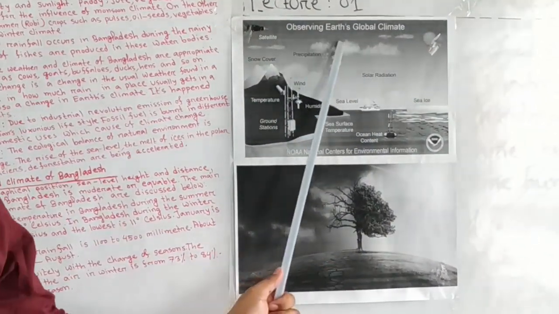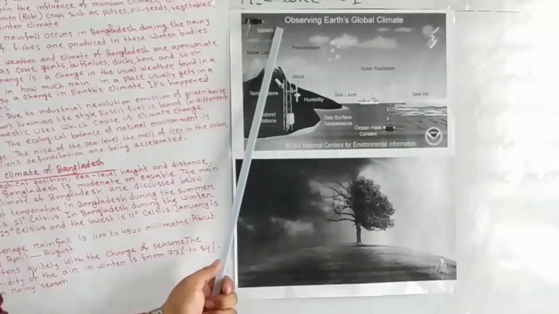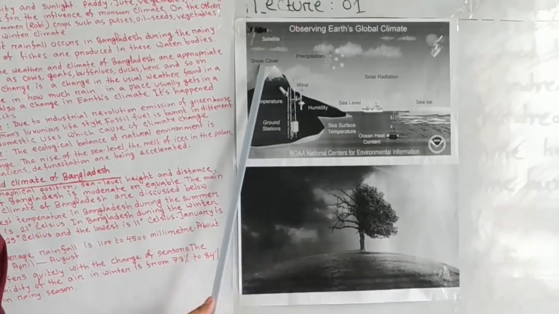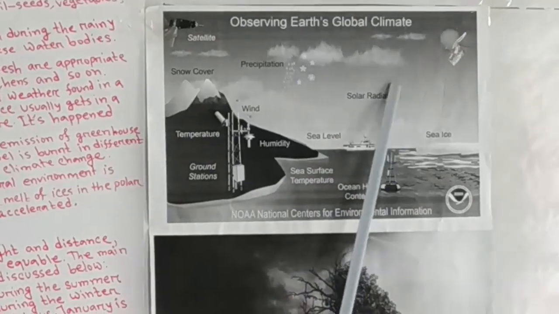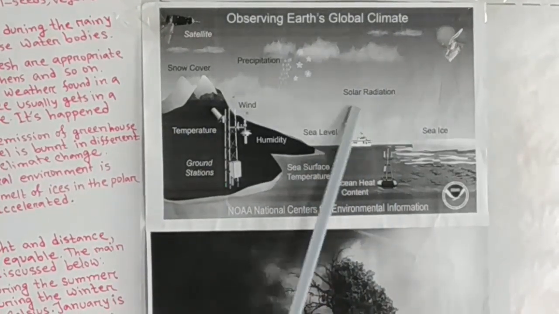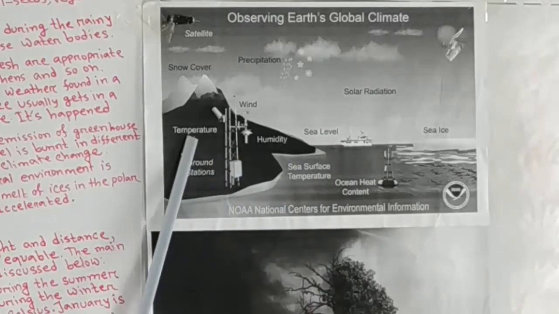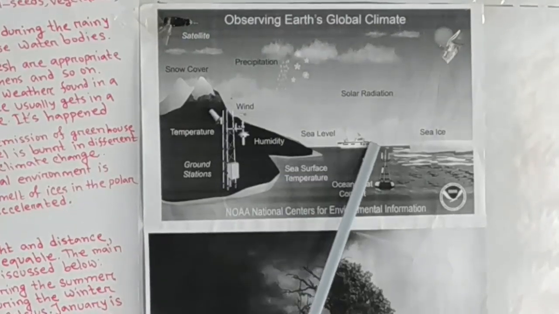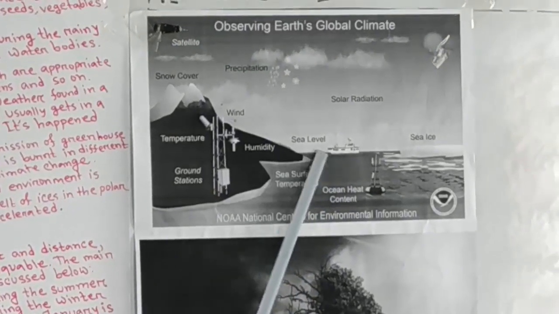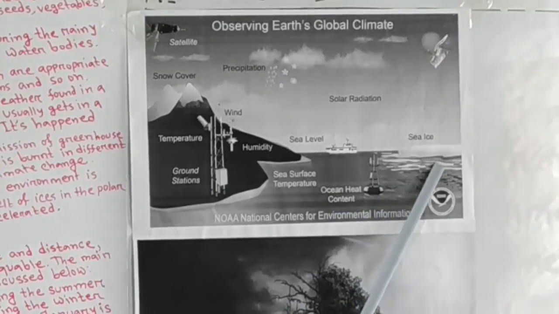If you look at Earth's global climate, you will find these components: a satellite, snow cover, precipitation, solar radiation, wind, temperature, humidity, ground stations, sea level, sea ice, sea surface temperature, and ocean heat content. These are the components of the world's global climate that you can observe here.